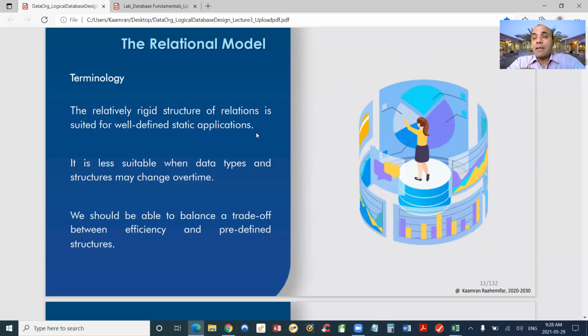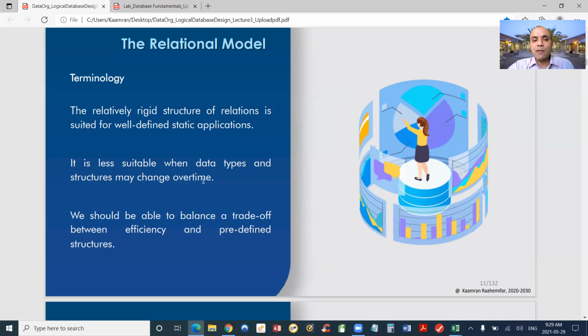But what we are talking about is an organization with something like an Amazon order. The Amazon order structure is not going to change rapidly from one hour to another. They may have some enhancement every now and then, maybe after 1 or 2 years, but they are not going to be changing rapidly, such as minutes, seconds, or hours.